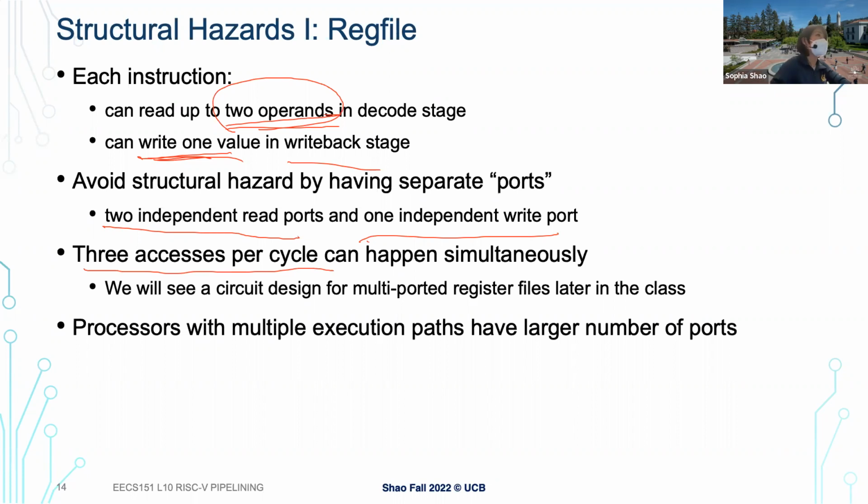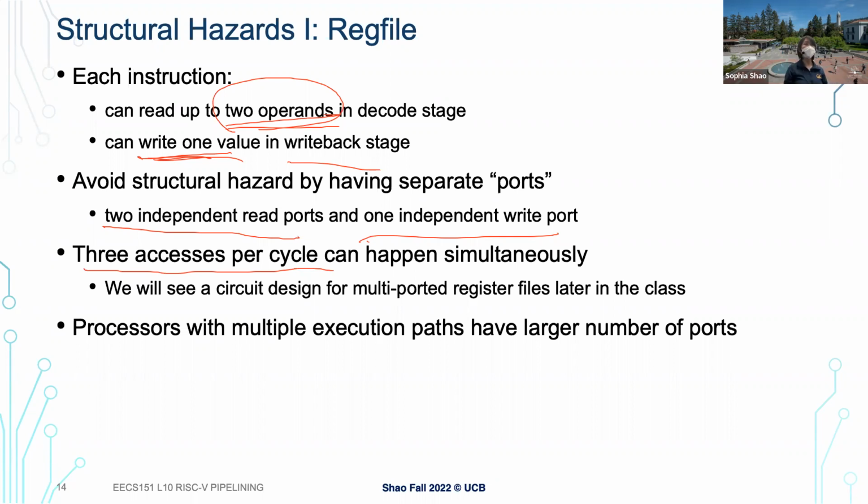Later in this semester, we'll talk about how we actually build the register file. Typically, register files are built as SRAM, as an array of memory. When we cover SRAM, we'll talk about how we design multi-ported SRAM in CMOS logic, in transistors, to support this kind of parallel access. You may add even more parallel ports.